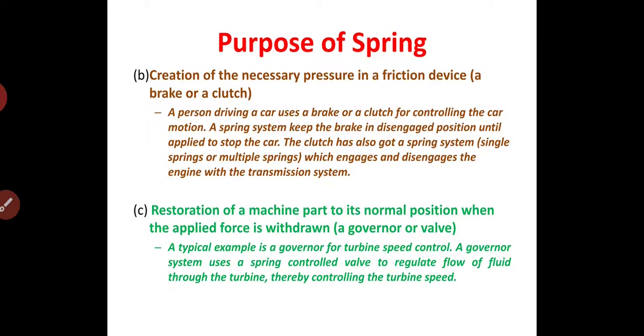Then the spring pushes back the pedal to its original position when you release the brake, and the brakes are open. Similarly, in the clutch, the spring keeps the clutch in contact, but when you press the clutch pedal, you release the clutch from the back plate by forcing it against the spring force.